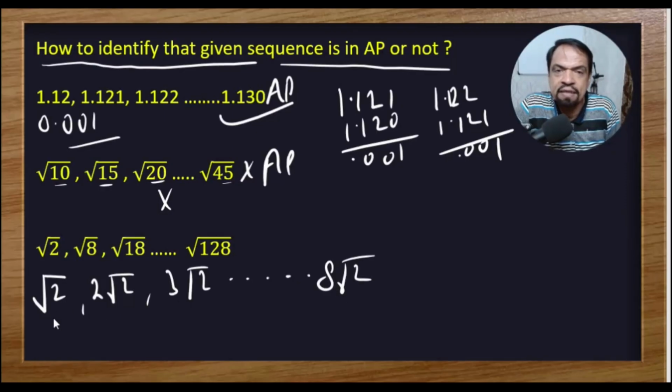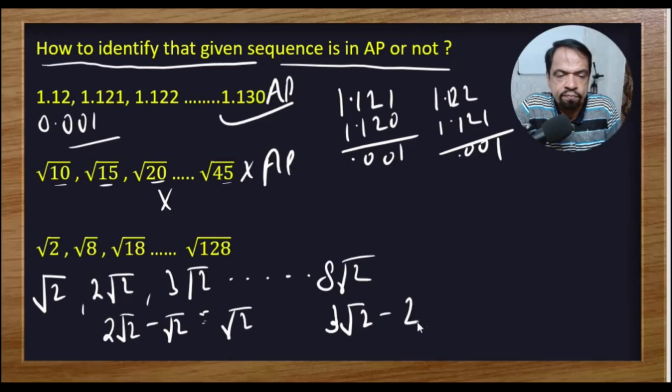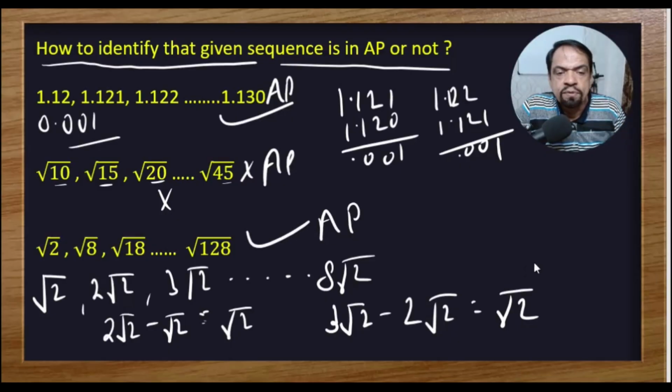Now see, you can check irrational numbers, but they can be subtracted easily. 2 root 2 minus root 2, it is root 2. 3 root 2 minus 2 root 2, the difference is root 2. So common difference is same, so this is in AP. तो AP में कोई भी क्वेश्चन आए तो आपको इतना लाइटली नहीं लेना है, चेक करके देखना है. So these two are in AP, this is not in AP.